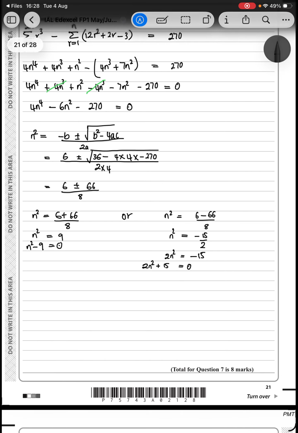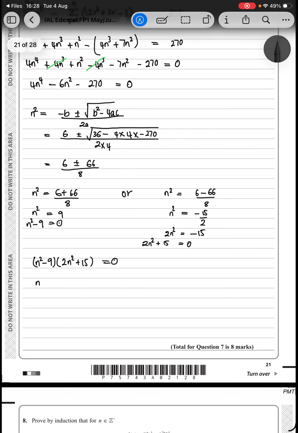So this quartic expression can be written as n squared minus 9 times 2n squared plus 15 equals 0. But then again, we've already found what n squared is.